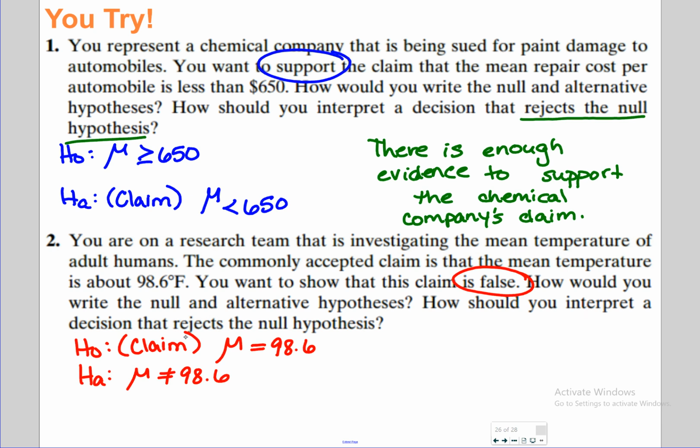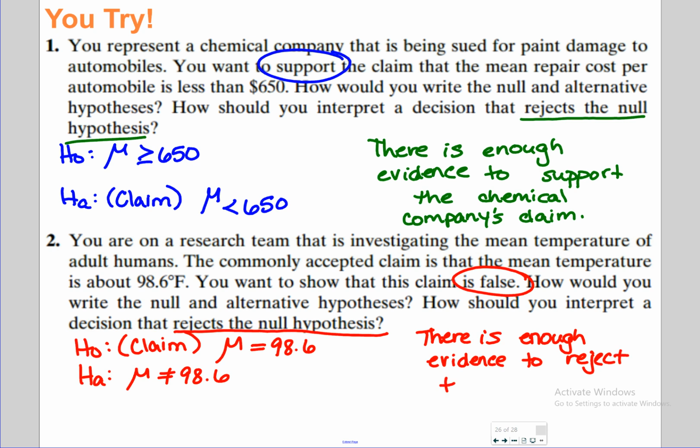Again, how would we interpret a decision if our math that we will eventually do rejects the null? Yes. Sufficient evidence to reject. Yep. So again, rejecting is a good thing. We say there is enough evidence in our math that we'll do to reject the claim about temperatures.